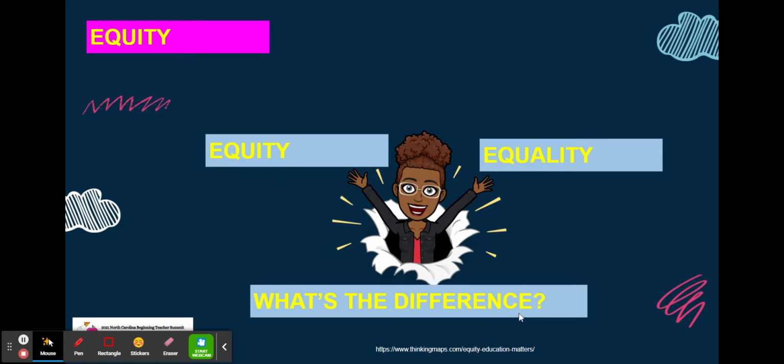So while this in itself may not ensure equal outcomes, we all should strive to ensure that every child has equal opportunity for success. And so when we think about equity versus equality, it's that individualization that is very critical.